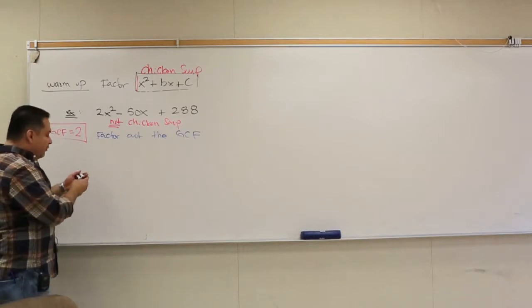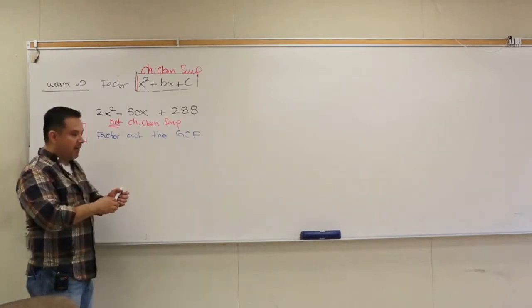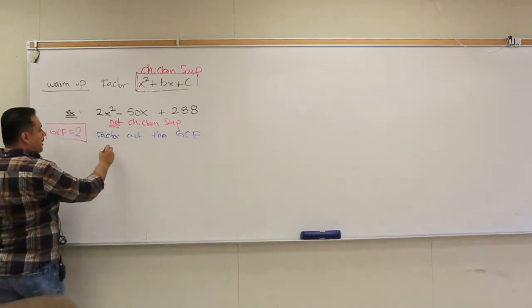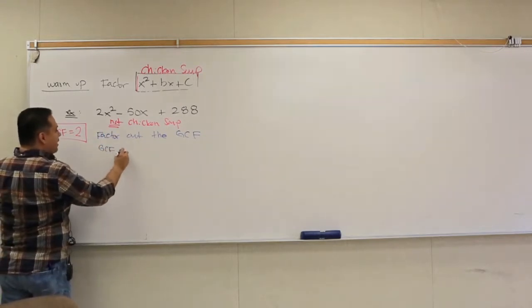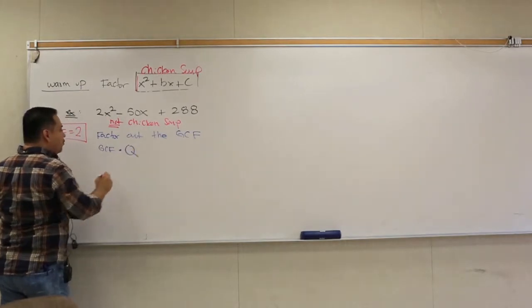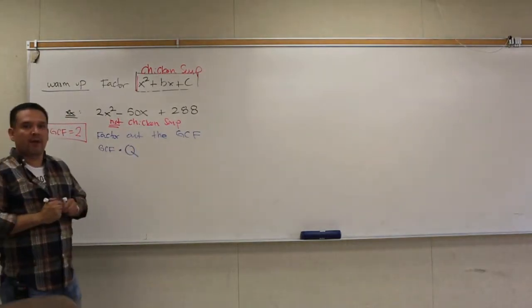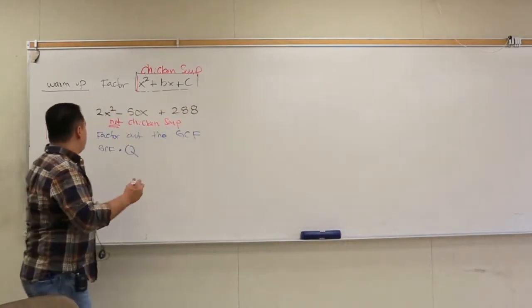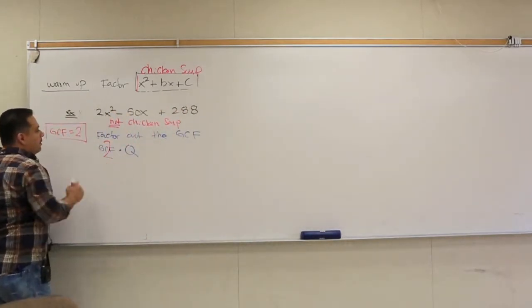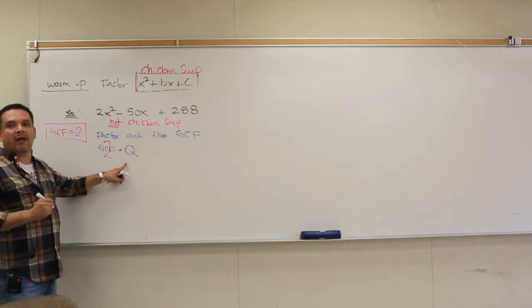Now, factoring out the greatest common factor means we write our answer as the greatest common factor times a quotient. We know the greatest common factor is 2. The question is, what's your quotient? How do you find that quotient?